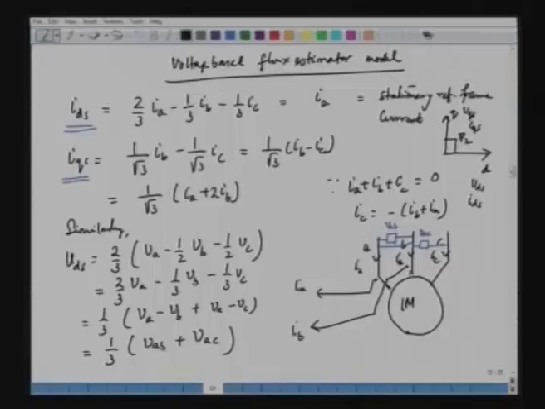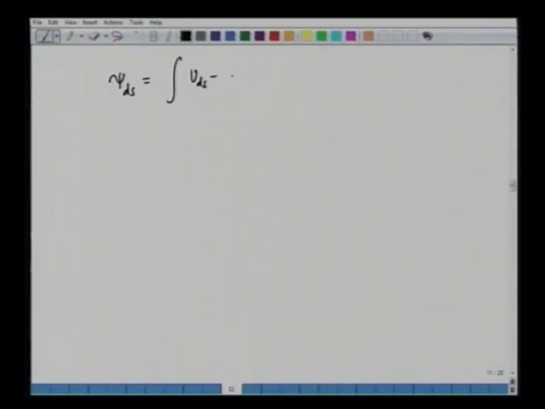They are the voltages and the currents. And from this we can find out the flux linkages. Now, how do you find out the flux linkage? The easiest flux linkage is the stator flux linkage. So, we can say that psi ds is equal to the integration of VDS minus IDS RS. So, this is what we can say very directly.